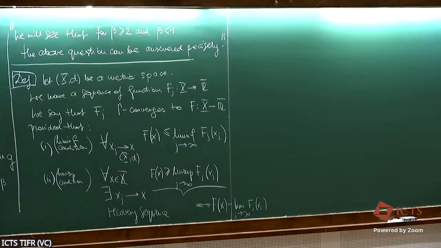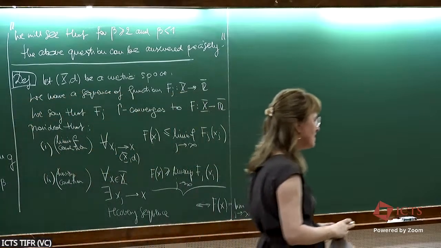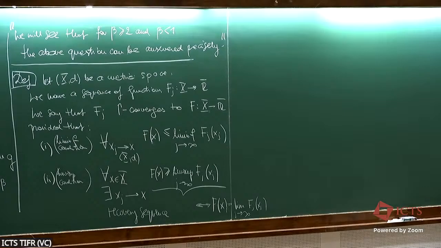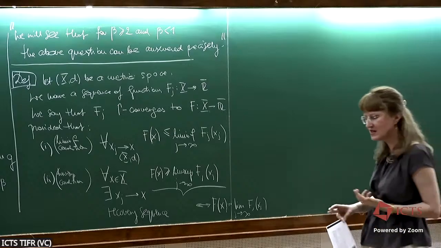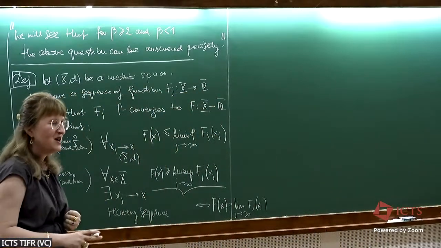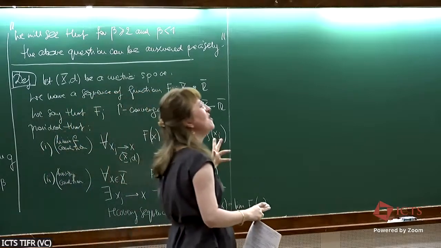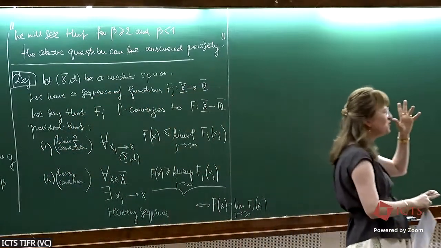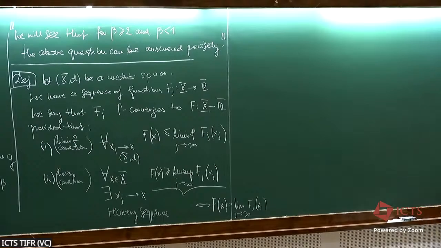So that's the definition of gamma convergence introduced several years ago by Italian mathematician Ennio De Giorgi. If you haven't seen it before, you should be very puzzled. I'm going to make you even more puzzled because I'm going to give you a series of examples that working out these examples, I leave it to you as a homework, okay, which will convince you that this convergence has nothing to do, really nothing to do with any type of convergence that we study in analysis that you might have learned at school, right?